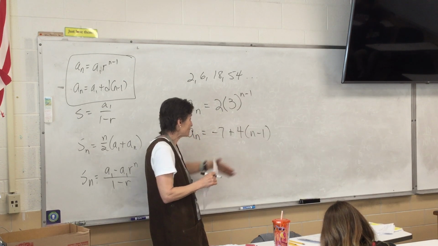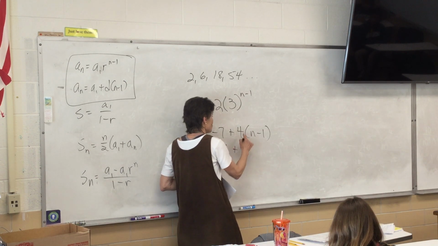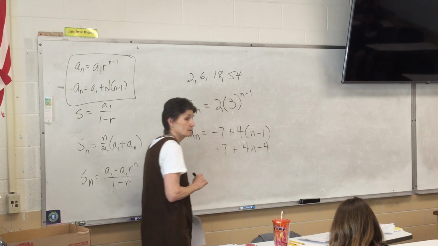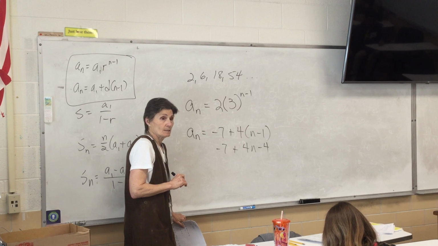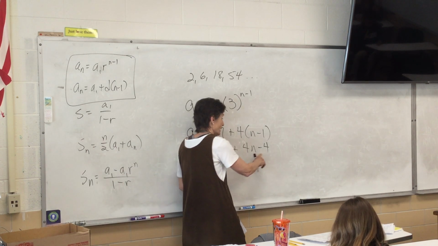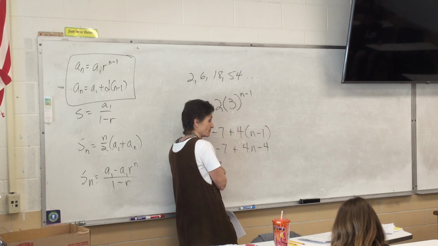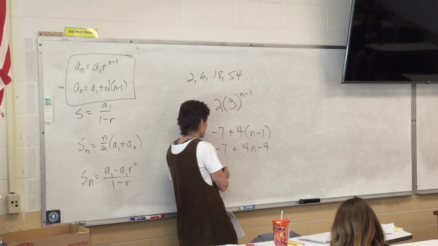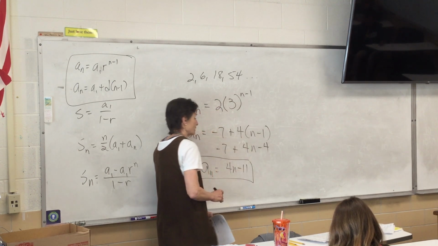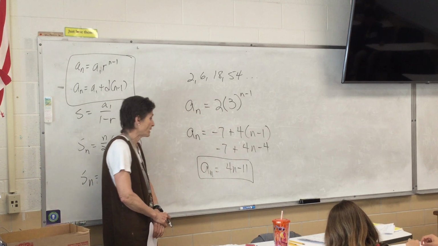Now that one can be cleaned up because you can distribute. And when you distribute, it turns out you can collect like terms. So your explicit rule is 4n minus 11, or -11 plus 4n, if you want to write it like that.